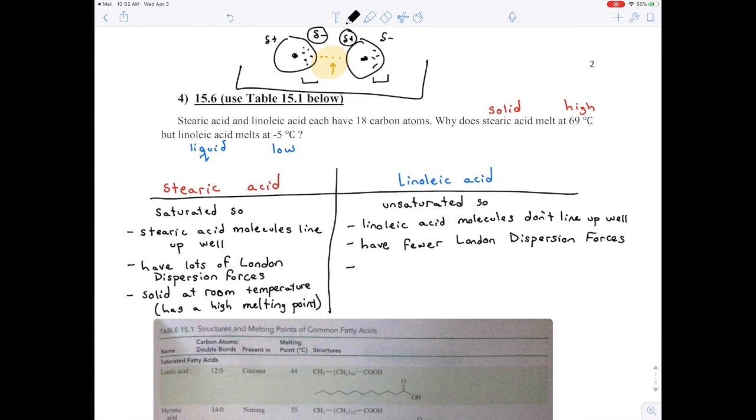And if there aren't as many London dispersion forces, then it'll be easier to rip the molecules apart. In other words, it'll have a lower melting point, and it'll tend to be a liquid at room temperature.